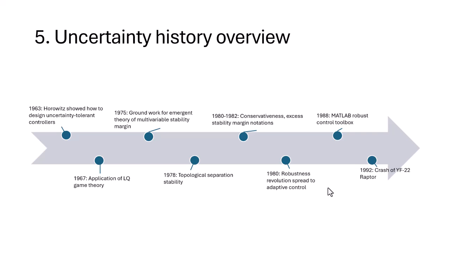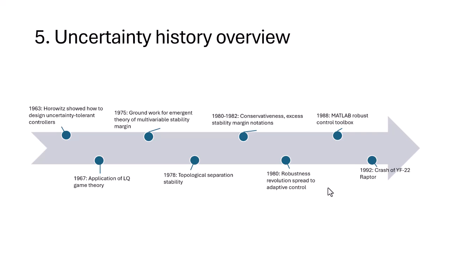And then in 1975, there was a lot of groundwork for the emergent theory of multivariable stability margin, which was the groundwork for robust control theory. And then in 1978, there was the emergence of Lyapunov, conic section positivity and small gain applicability for stability theories.